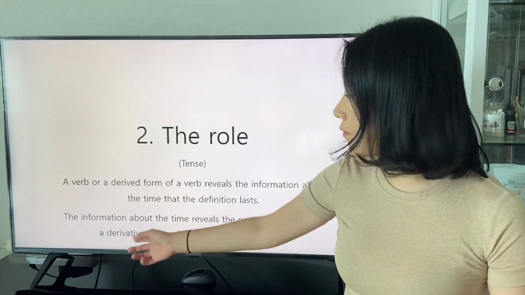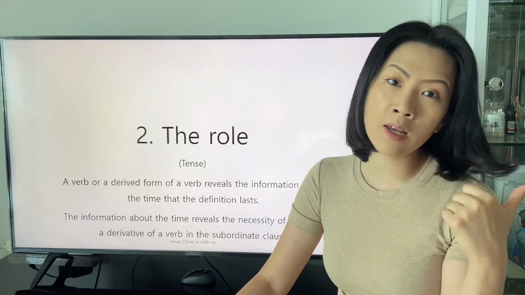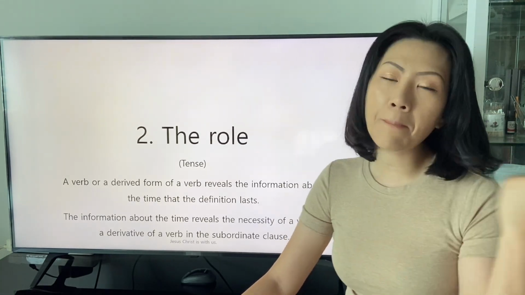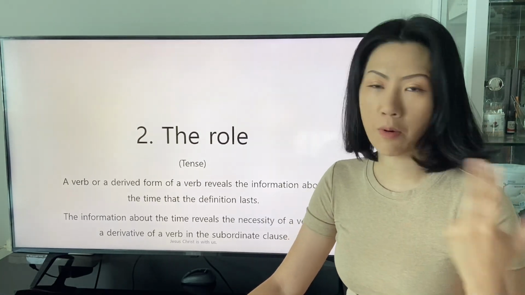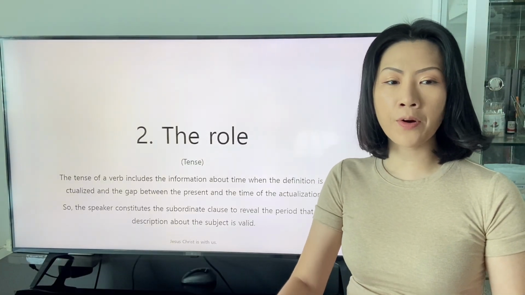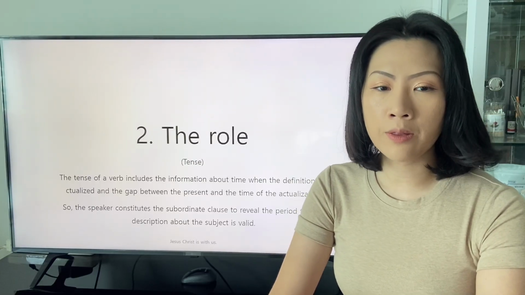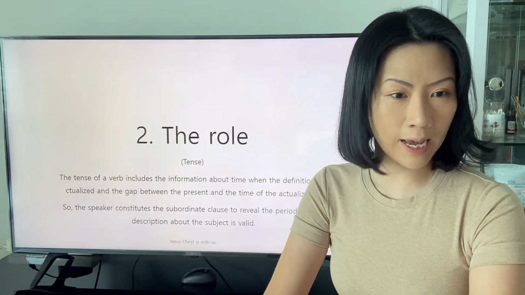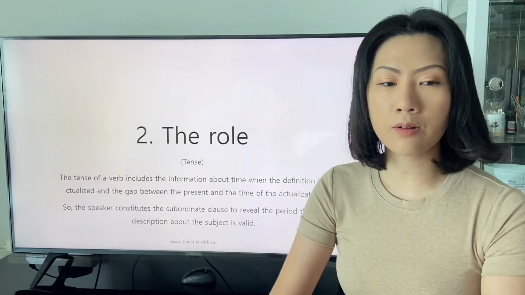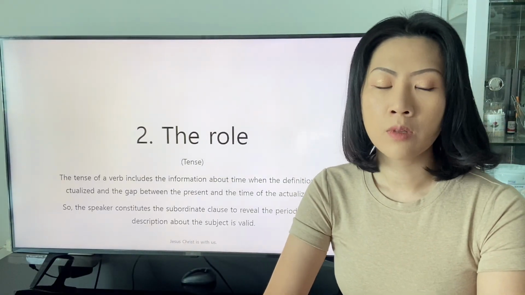The derivative of a verb can be a to-infinitive, a present participle or a past participle, something like that. The tense of a verb includes the information about the time when the definition is actualized and the gap between the present and the time of the actualization.